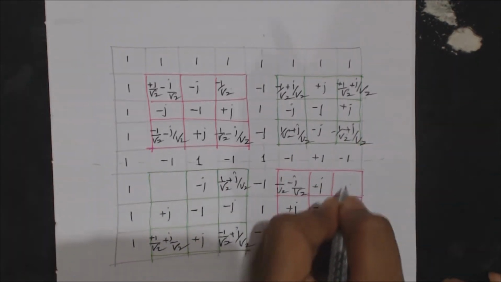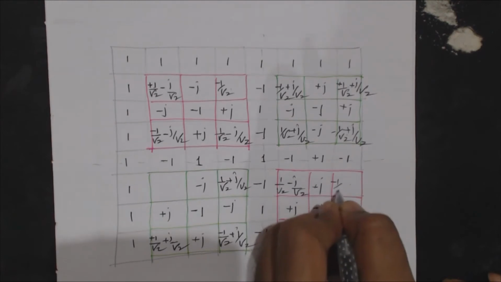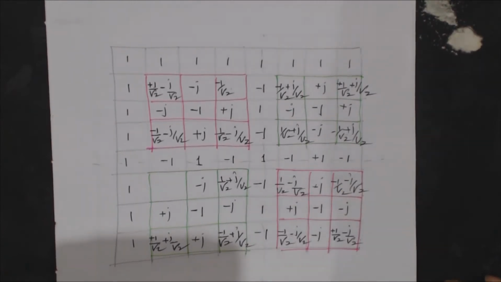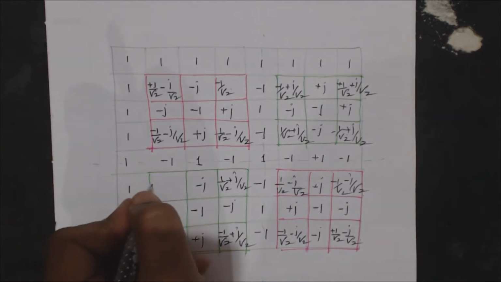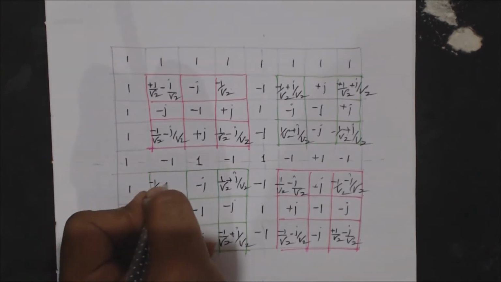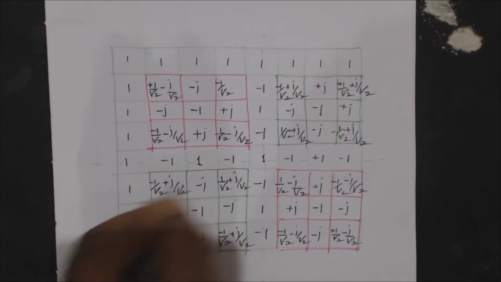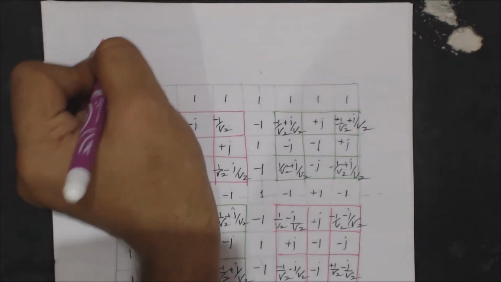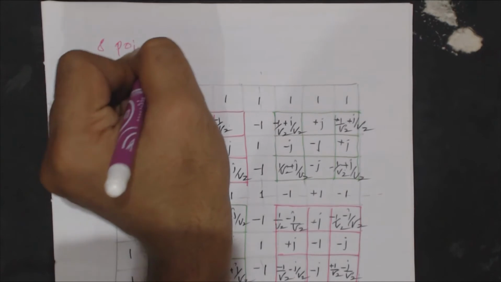In the same way, this one will also be minus 1 by root 2 minus j by root 2. This is also minus 1 by root 2 plus j by root 2. So in this way we can fill up all the cells of 8-point linear transformation matrix.